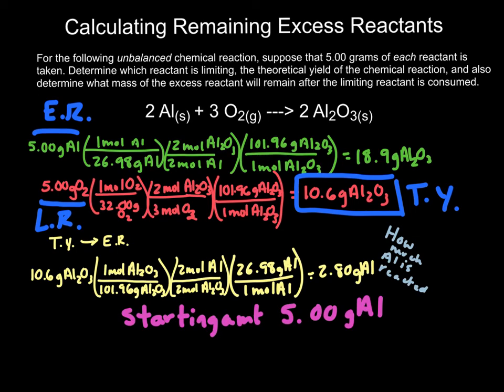We're going to subtract how much we used, how much was consumed. We consumed, or will consume, 2.80 grams of aluminum.